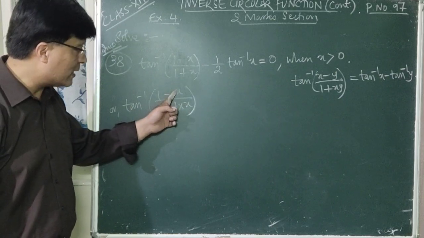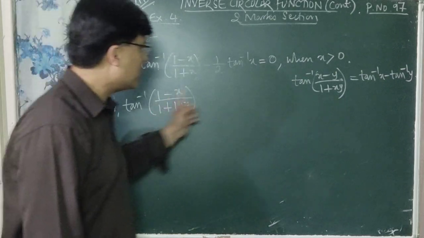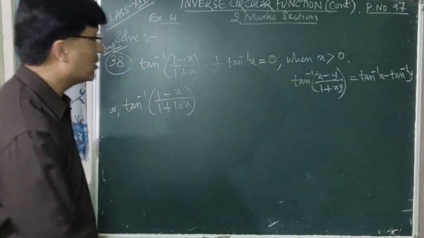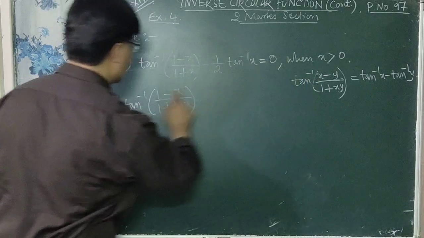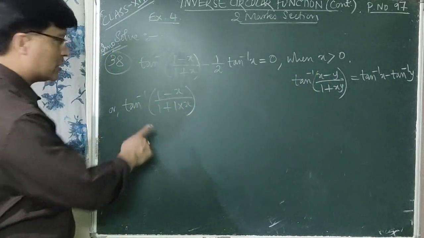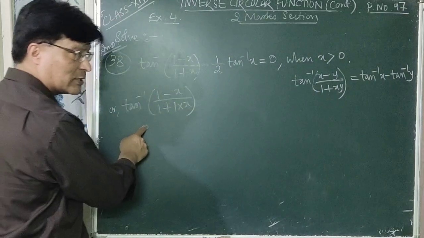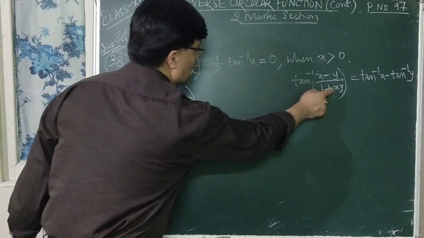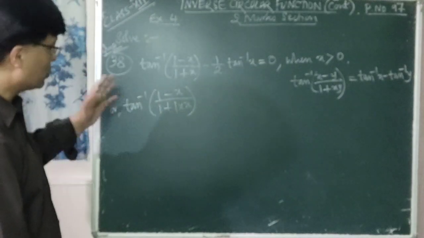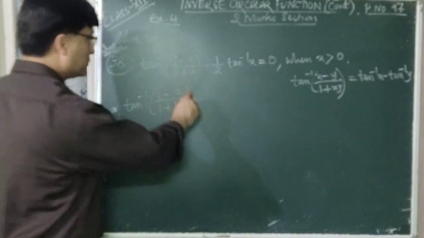Here what is the value for y? It is x. You can compare these two expressions. These are the same expressions, isn't it? Compare these two. x is equal to 1 and y is equal to what? x. And in the denominator, 1 is fixed. This one is constant, plus instead of x there is 1 and instead of y there is x. Right? So this is the formula.